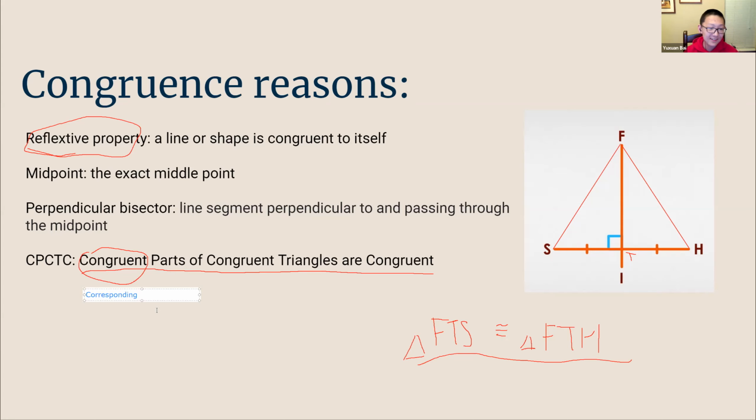A lot of errors. So this right here is not the best way to mark it out. We can cross this out for now. It'll be fixed in a bit. But this is corresponding parts of congruent triangles are congruent, not congruent parts.